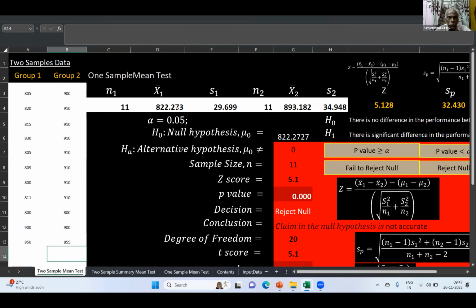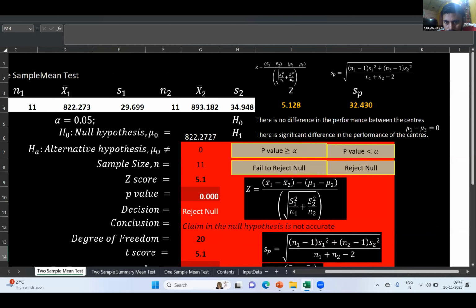Please note here, what is the null hypothesis? Null hypothesis is mu naught is equal to 822. I do not know which one to use. So I will add this. This is the formula I will use, right?